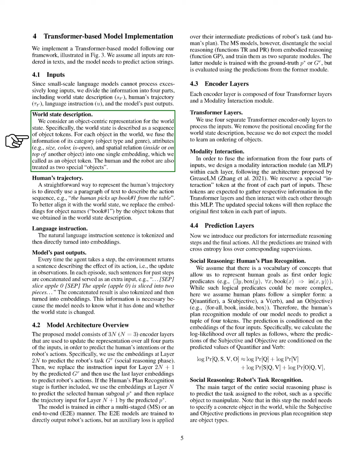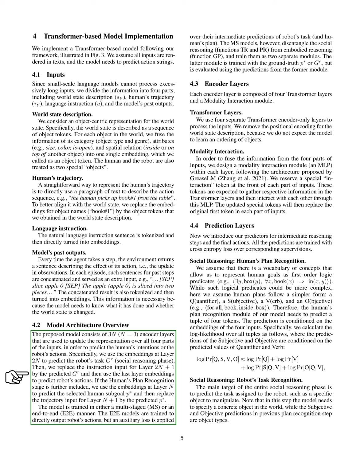We replace object names with the corresponding object tokens from the world state description for better alignment. The language instruction is tokenized and converted into embeddings. For the model's past outputs, we gather sentences that describe the effects of the agent's actions, concatenating them for each episode. This helps the model understand its previous actions and any changes in the world state.